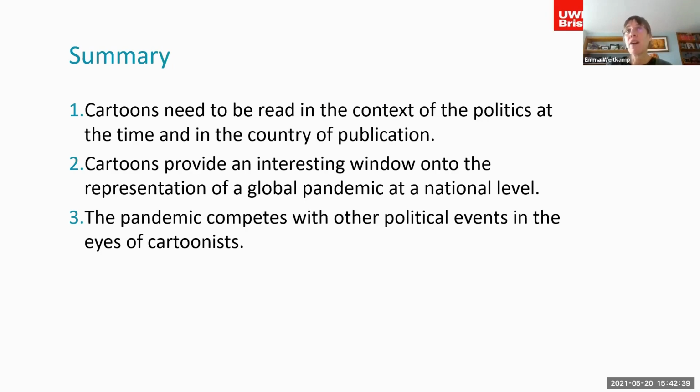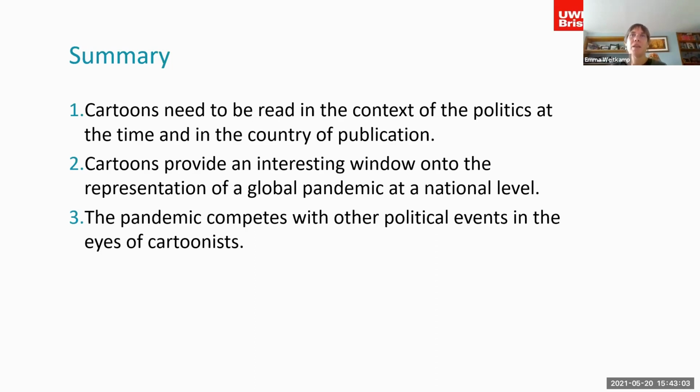They do, however, provide a really interesting window onto the way in which the pandemic has been represented at a global and at a national level. So for us, this has been a really interesting opportunity to see the different ways in which politics has affected the visual representation of this issue.